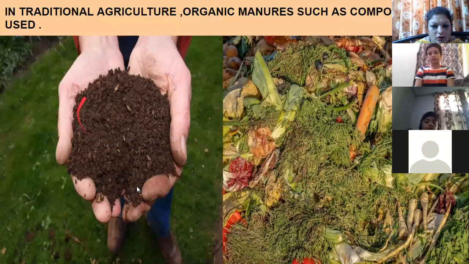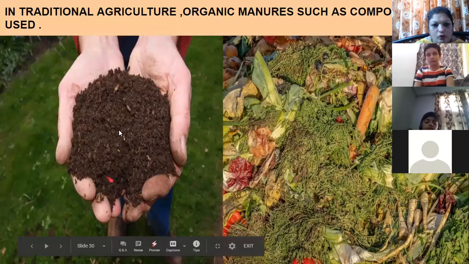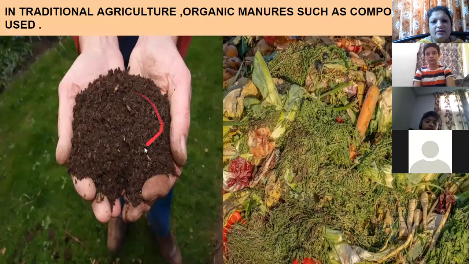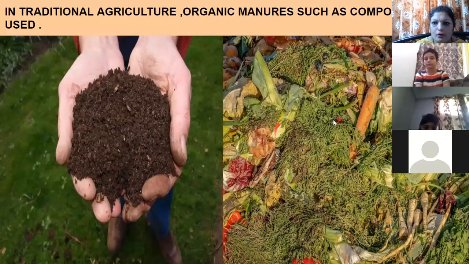This is compost prepared from the green waste. This compost is used for the production of crops. It is put into the soil where the crops grow, and you will get good quality, nice production of crops. So this is compost.